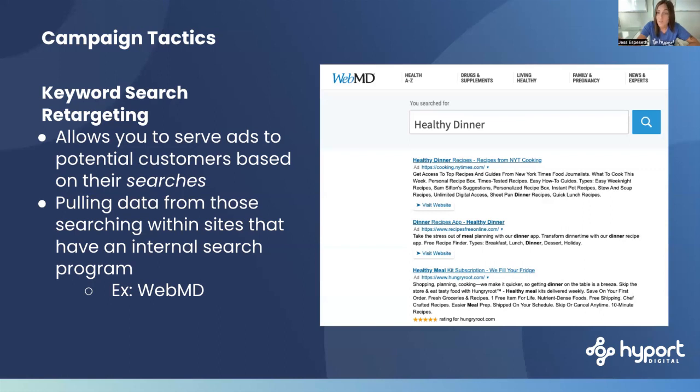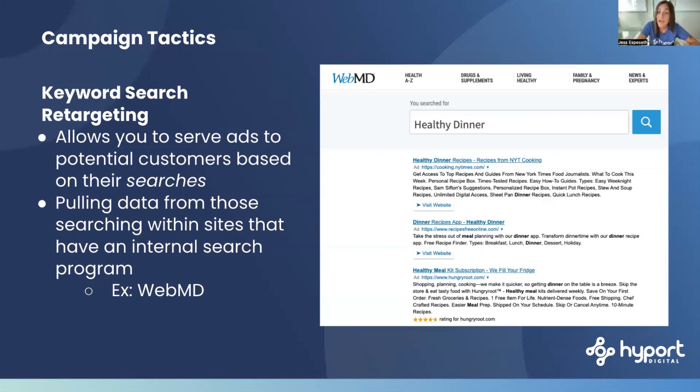So if they're on WebMD searching for one of these keywords that you've identified, they can then become a potential target audience. What we love about this tactic is that it's being served to people that are actively searching for things related to your industry.